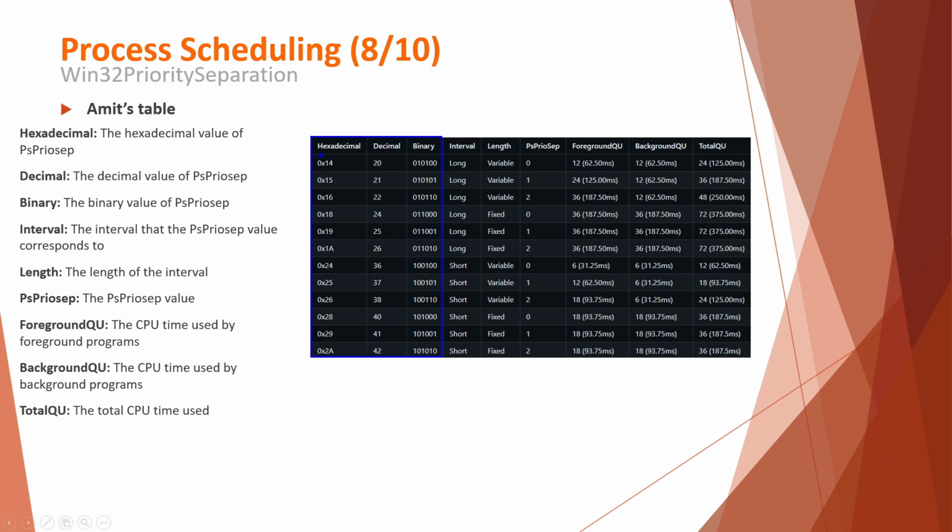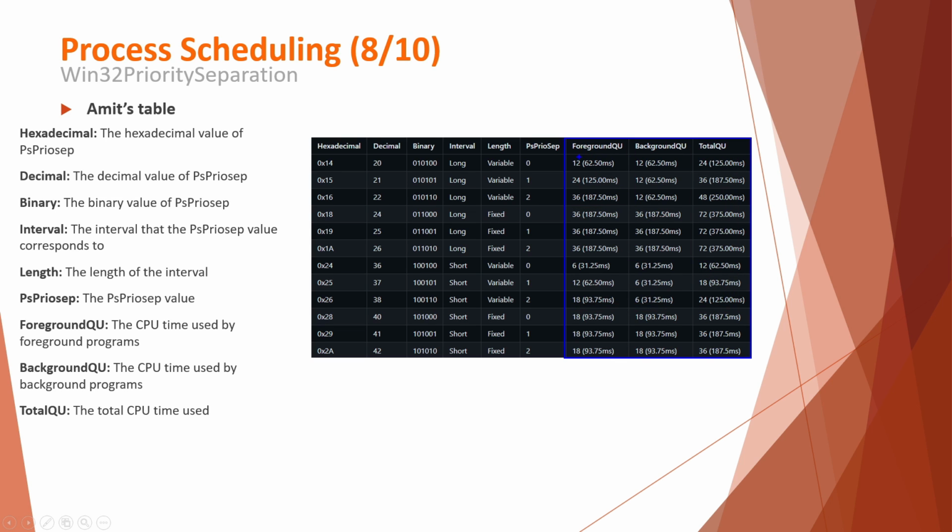We have the hexadecimal format, the decimal, and the binary format of each value. We have the interval, the length. We have already described what long means, what short means, what variable means, what fixed means. Ignore the PS priority separation column, I will explain it on the next slide. And let's also focus on this part.